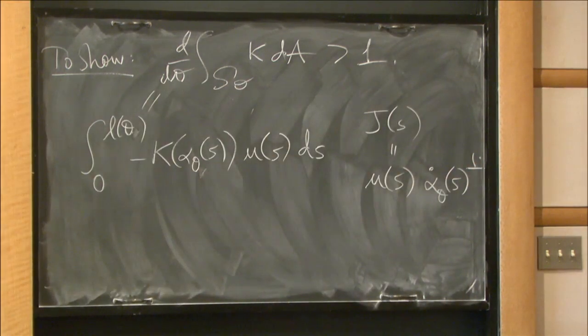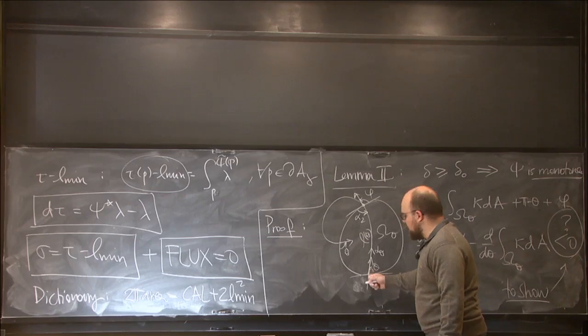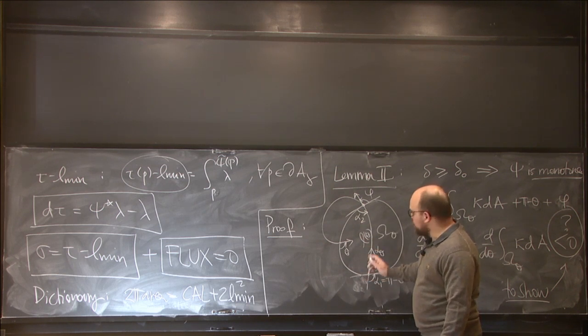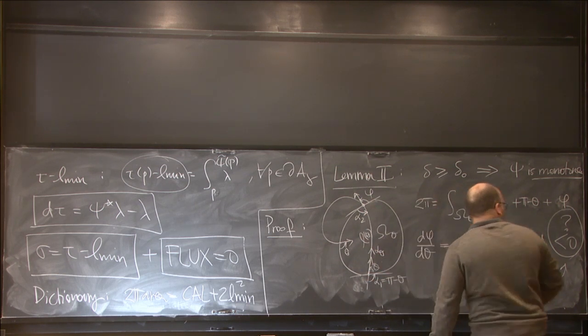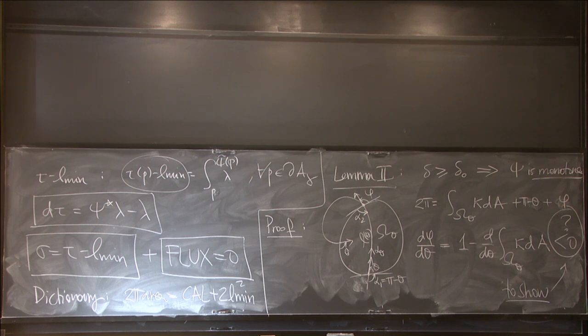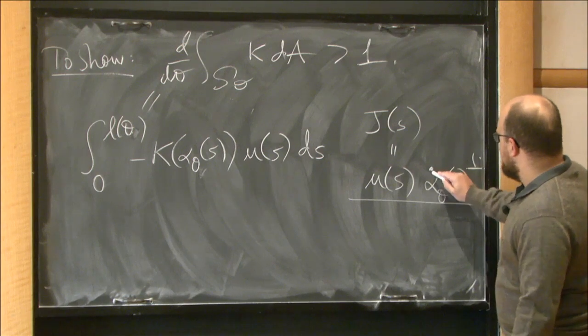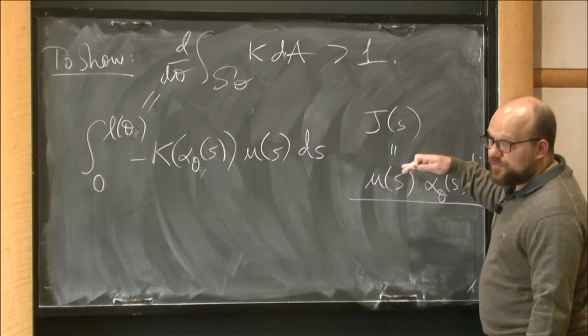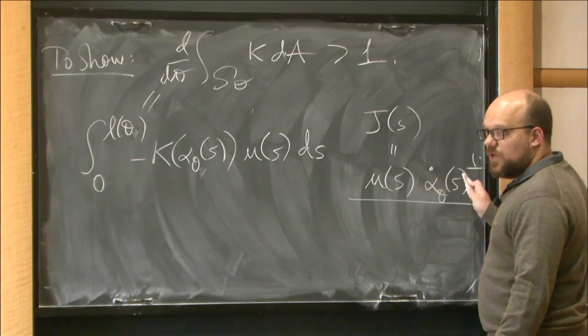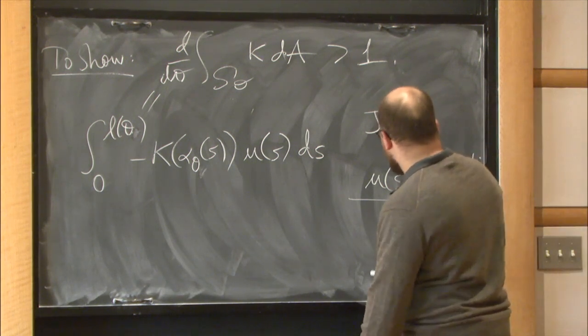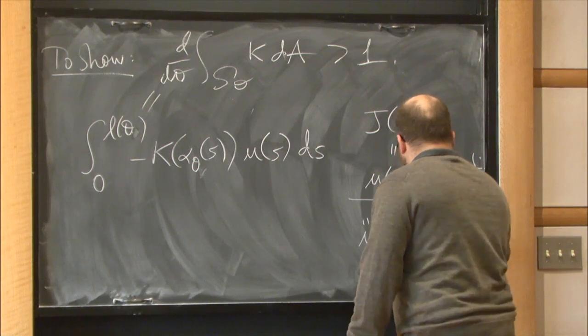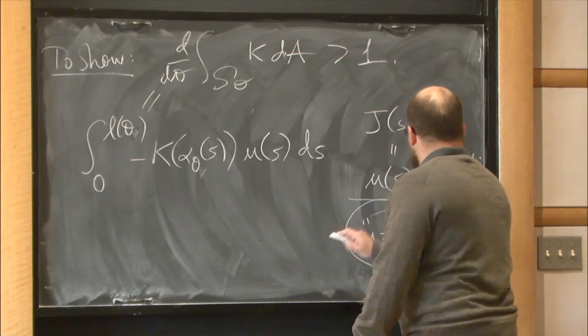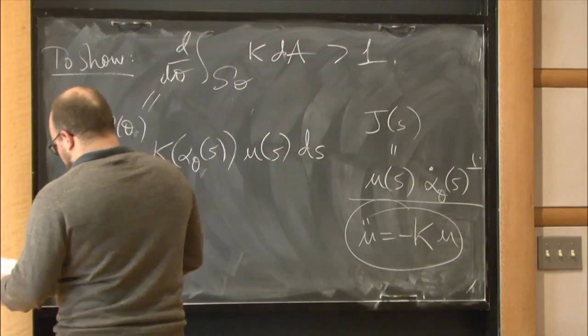This is a variation from which you get the Jacobi vector field, which vanishes here, and it's everywhere normal to this velocity vector. So you get an expression of this kind, and this is the positive perpendicular vector to alpha dot. You have a differential equation of this kind here.